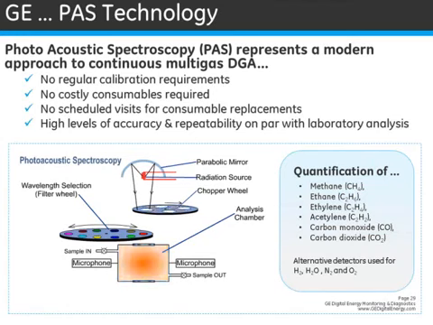Named photoacoustic spectroscopy, often just abbreviated to PAS, this analytical technique has been used for several decades in instrumentation used for monitoring urban or industrial pollution levels, for example. GE optimized the technology for the dissolved gas analysis application in about 2003-2004, and it has become a market-leading technology in the last few years.